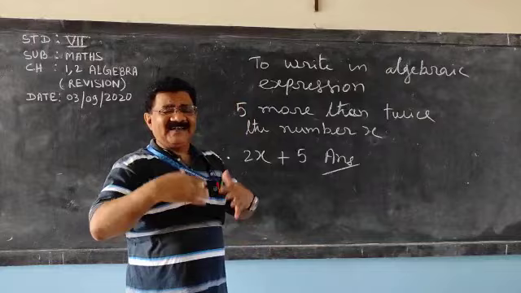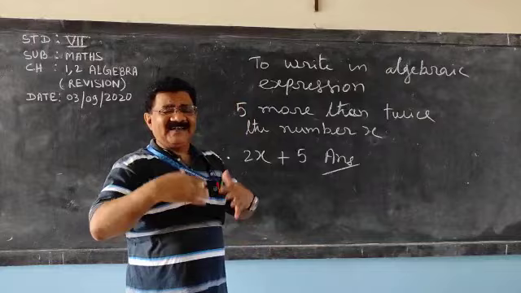See here, the question is: 5 more than twice the number x. How to write it as an algebraic expression?